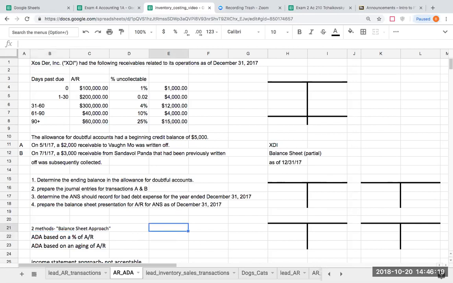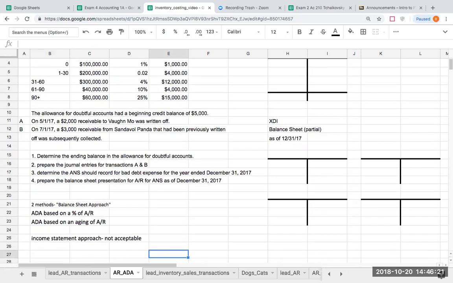There is also another method, what we call the income statement approach, where you're taking a percentage of credit sales and then essentially coming up with bad debt expense.